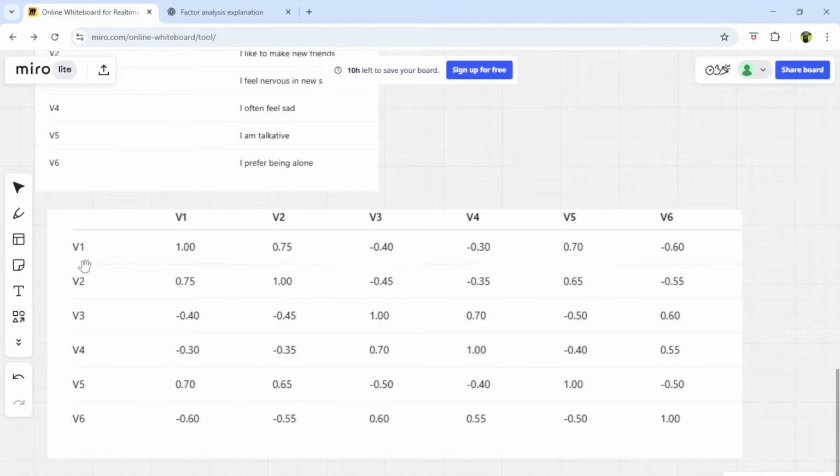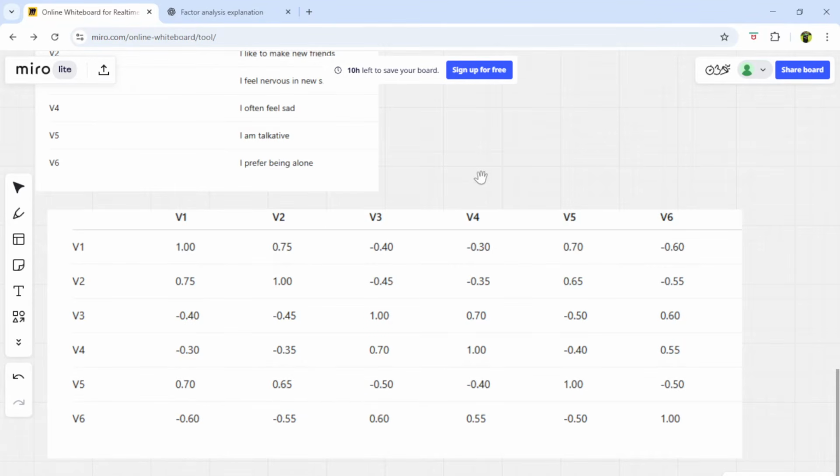For example, if you look at variable 1 and variable 2, the relationship is 0.75, meaning it's a strong relationship between these two. Variable 1 against variable 5 is also positive and strong. Variable 2 and variable 5, 0.65, also strong.